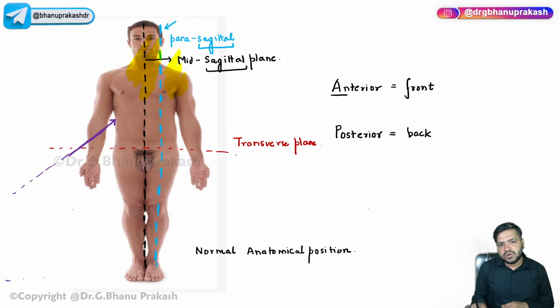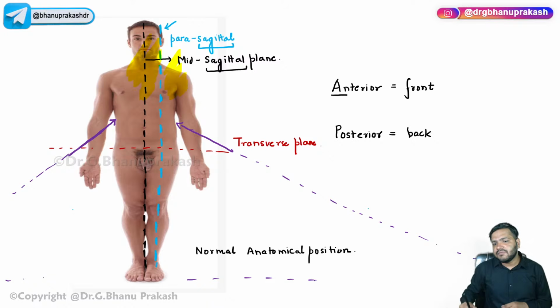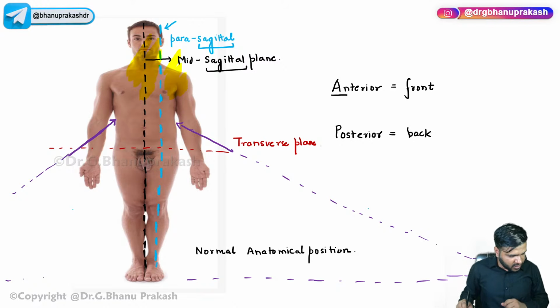Let me just show it over here. If you're cutting the part of the limb in an oblique manner, such that it is making an angle with the ground, that is exactly the oblique plane.